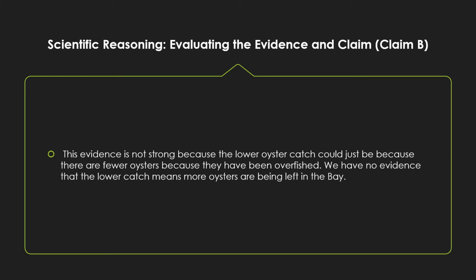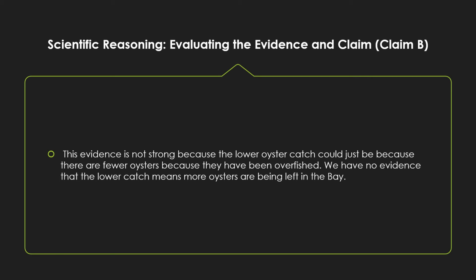So the reasoning of claim B, I believe that it didn't really make sense to you, saying that we catch less oysters, so it means that we don't impact their number.